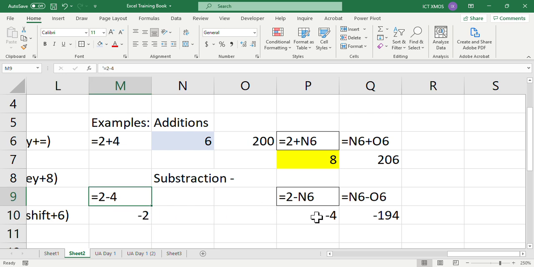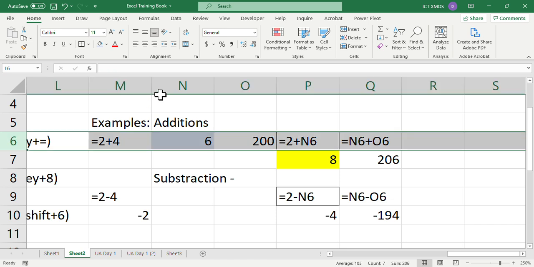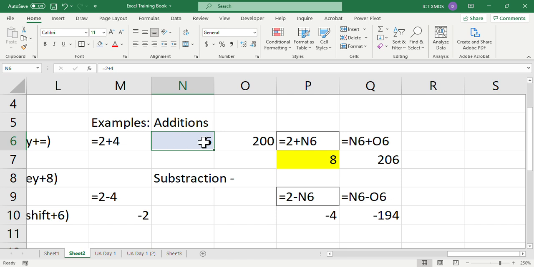See, this formula comes from here. This is N6. This is the letter N, this is row 6. Can you see it? Letter N is on row 6. This is N6. You are referring to this number inside here. Let's say we have 12 here instead of 6, because it's confusing you.